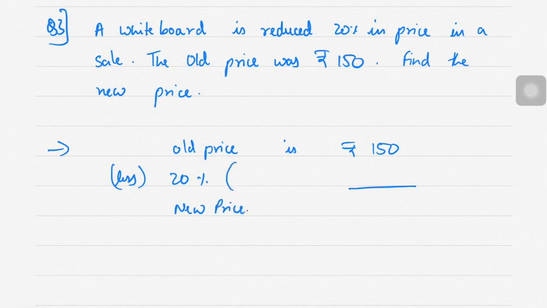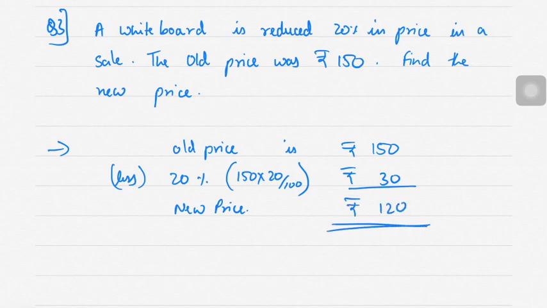So 20% of 150. So 150 into 20 upon 100 will be 30. Rupees 30. So 20% of 150 is rupees 30. So new price would be rupees 120. Correct?